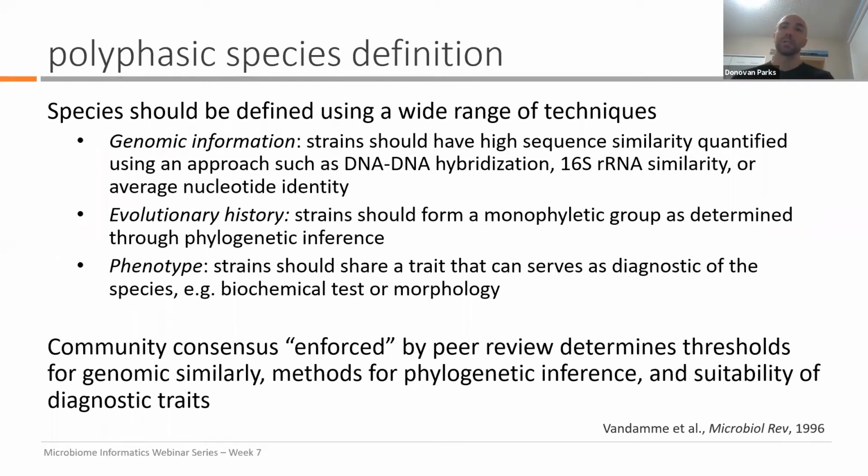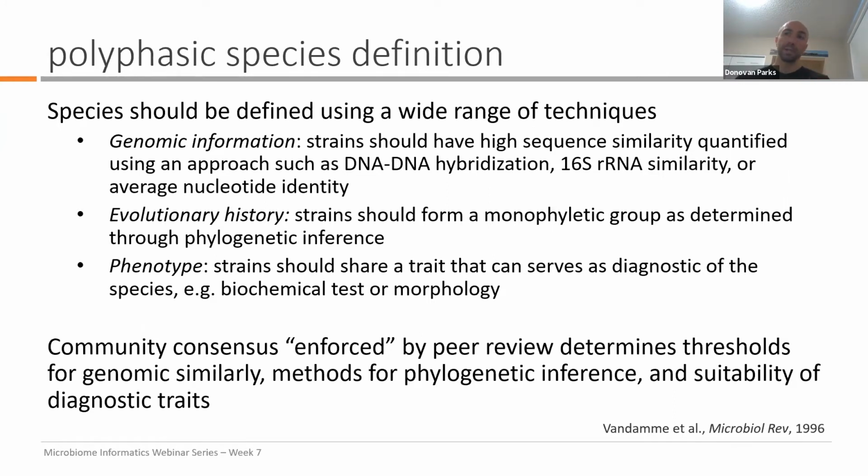In particular, we should look at genomic information, and the strains really should have high sequence similarity if they're going to belong to the same species. And importantly, this is something we can quantify. So we can measure this using DNA hybridization, 16S rRNA similarity, or if we have full genomes, we can use something like average nucleotide identity.